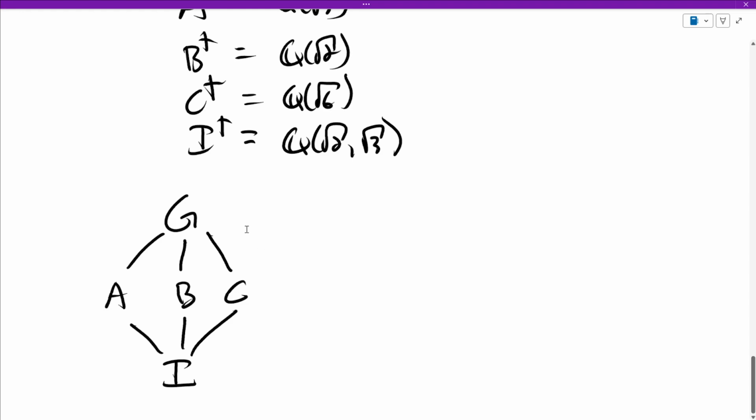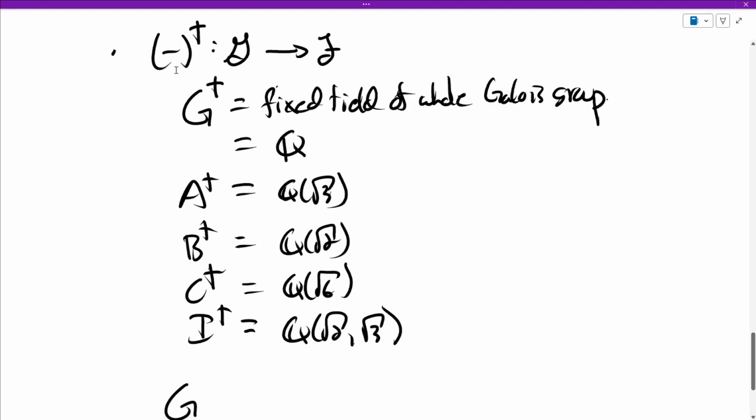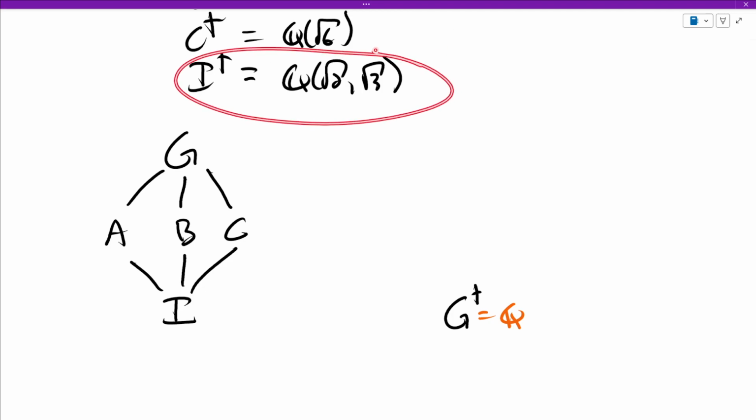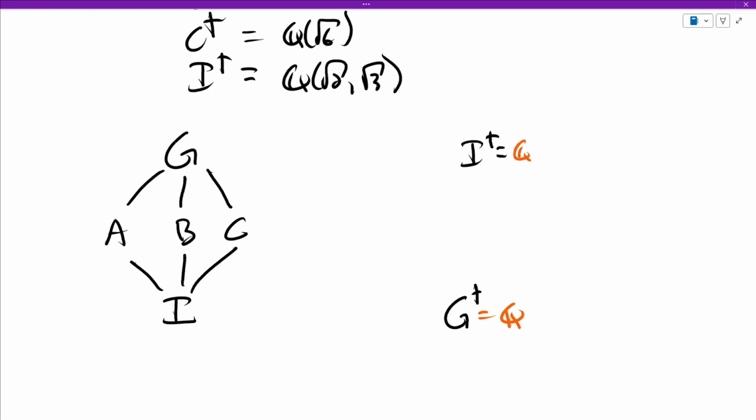And now let us do the subfield diagram, the intermediate extension diagram. G dagger corresponded to Q. So we have G dagger down here, which is Q. Let me do it in orange just to indicate that's our Q. That's at the bottom now. This G that was on top switched all the way down to the bottom. And similarly, identity dagger is everything. That's now all the way at the top, and it was at the bottom. And then we have these A dagger, B dagger, C dagger that sit in between.